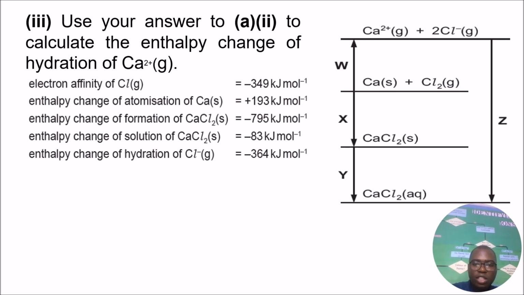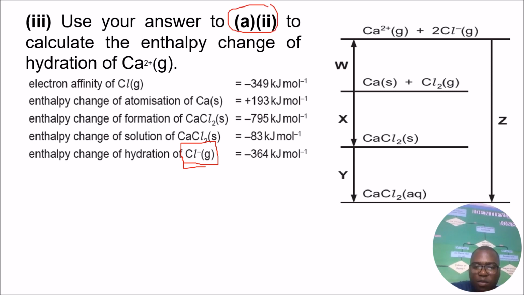Using your answer to A2 to calculate the enthalpy change of hydration of Ca2+. Now remember that in this question, they've given us the enthalpy change of hydration of Cl-. So here, for the whole thing, we are using the one we have just found.